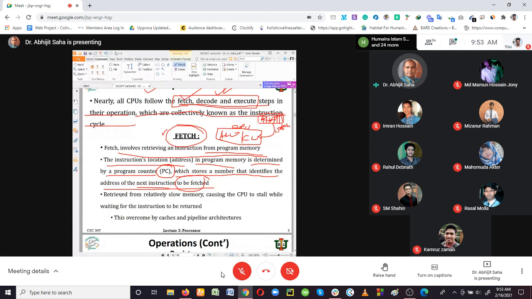So what is happening here? How is the program counter doing this? Each instruction is like the serial numbers 1, 2, 3, 4 of the students in the Viva session I'm talking about. Serially my students are called: serial number 1, serial number 2, serial number 3. So how is the program counter keeping the address of the next instruction memory location?